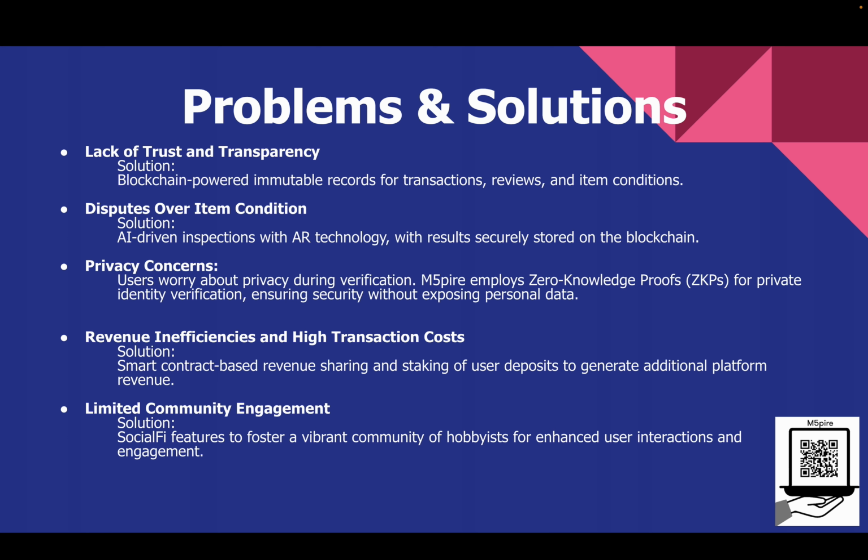In order to overcome these problems, we'll use the latest technologies such as AI-driven inspections, AR technology, blockchain, and many others, along with local community engagement, to overcome this trust building, privacy concerns, and other issues.